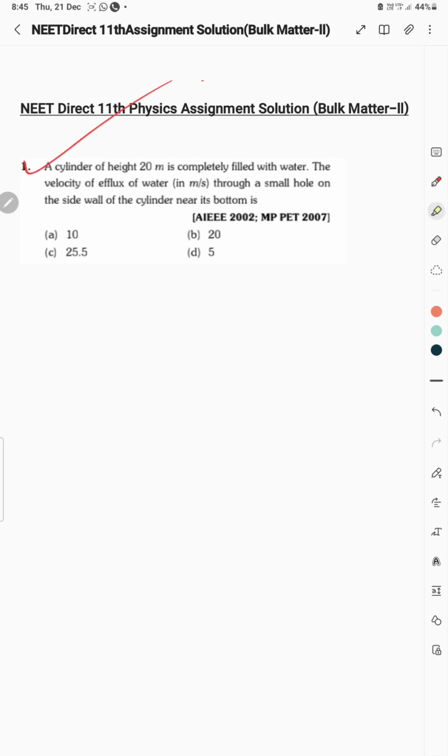Read carefully. It is said that a cylinder of height 20 meters is completely filled with water. The velocity of efflux of water through a small hole is given by, well, very simple. You should know the formula for velocity of efflux as given by Torricelli's principle or Torricelli's equation.